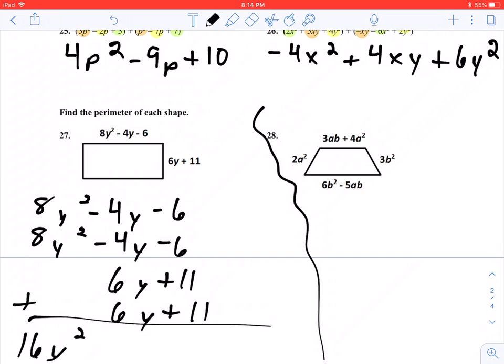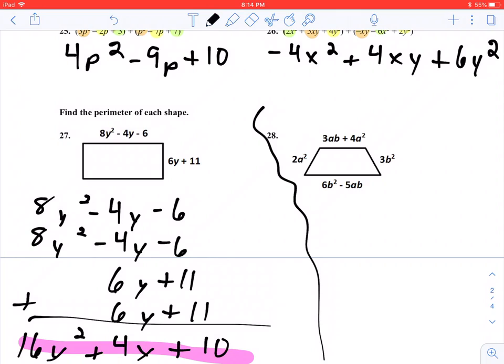Negative 2 plus 6 is positive 4y. And then the last column, we have negative 6 plus negative 6, which is negative 12. Negative 12 plus 11 is negative 1. And negative 1 plus 11 is 10. So our final solution is 16y squared plus 4y plus 10.